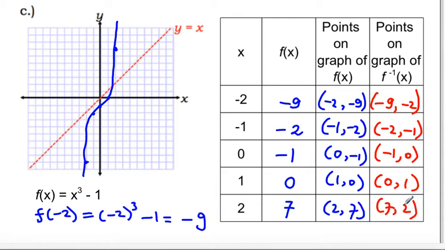So let's see, how does it look? I should maybe use a different color here because red is already taken for its mirror. So let's use green. (-9, -2). So more or less I will have a point over there, (-9, -2). (-2, -1) here, (-1, 0) over there, (0, 1), and (7, 2).